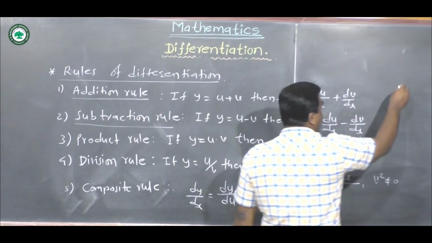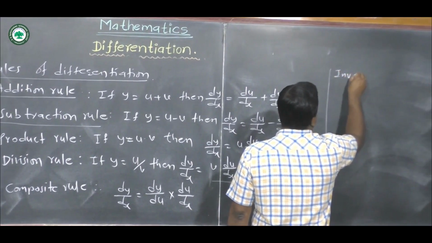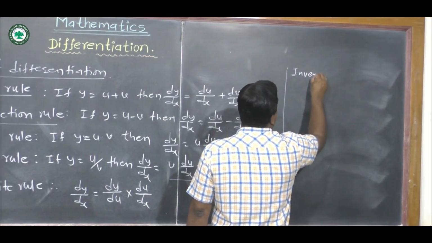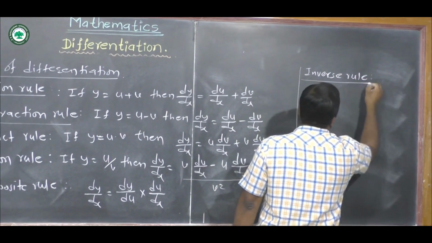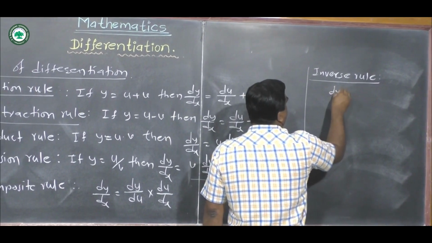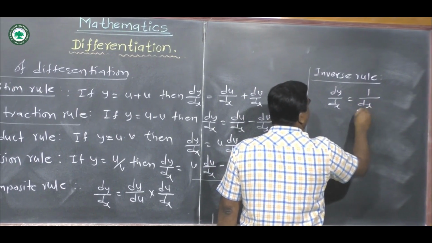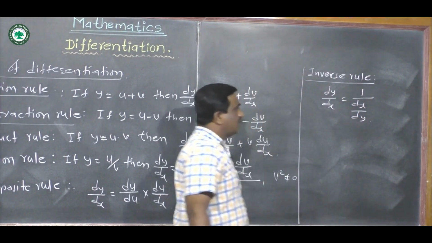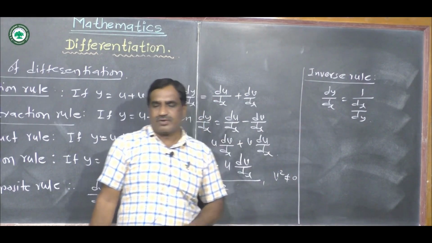And number 6, inverse rule, that is dy by dx is equal to 1 upon dx by dy, or dx by dy is equal to 1 upon dy by dx. This is called as inverse rule.